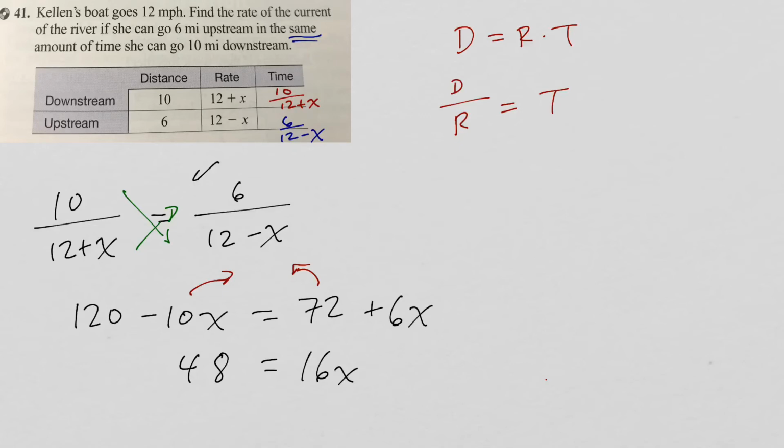Then I'm going to divide each side by 16, and I'll get x is equal to 48 divided by 16, which is 3. So the question is, this x represents the speed of the current, and it wants to know, find the rate of the current. So the current is 3, and we're using miles per hour.